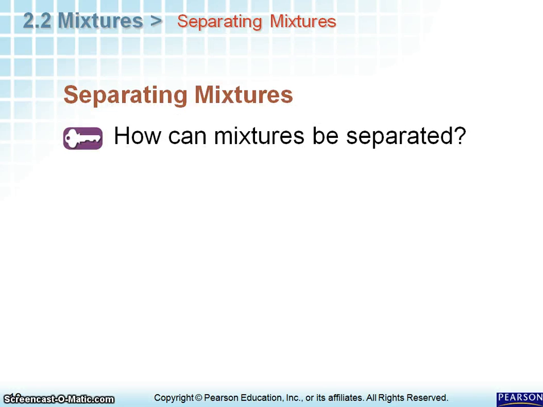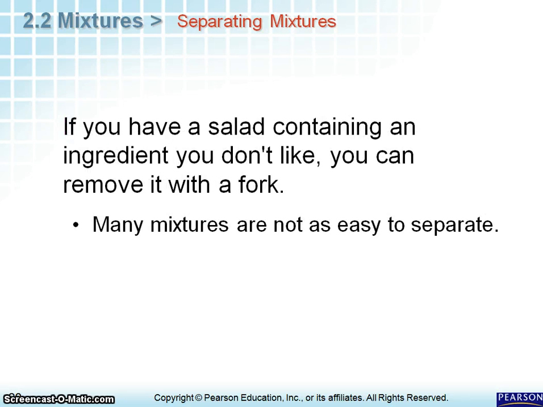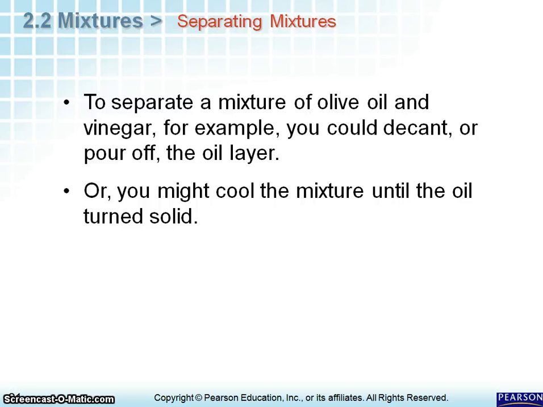How can mixtures be separated? If you have a salad containing an ingredient you don't like, you can remove it with a fork. That's easy. Many mixtures are not as easy to separate, especially when you're looking at the submicroscopic world. But for the obvious things, you would separate a mixture of olive oil and vinegar by decanting them and pouring off the oil layer first.